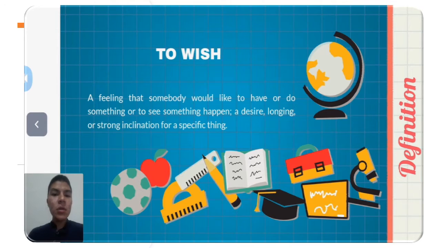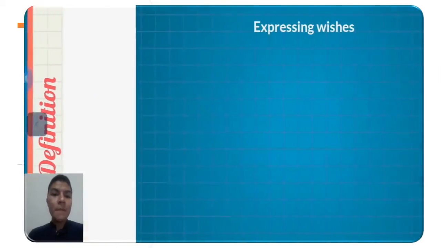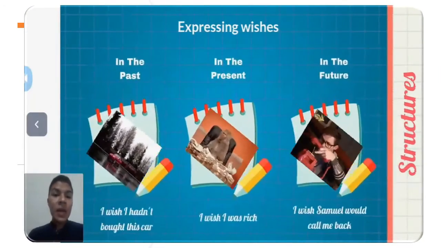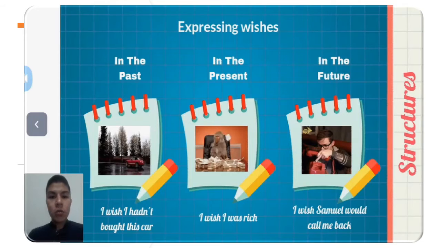So, this is the context in which we can express wishes in English within the grammatical tenses that we have in English. That's why we are going to focus in this video on expressing wishes about the past, the present, and also the future.